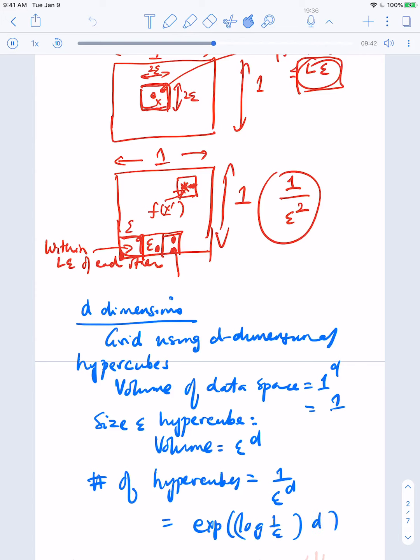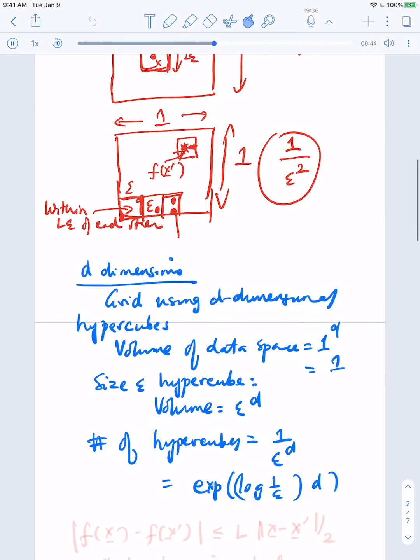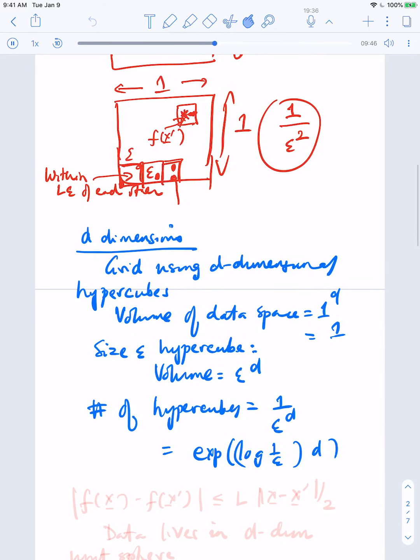So it grows exponentially in d, and I think we have made a reasonable assumption about the function. It is smooth enough that if I have a training point that is close enough to a new point on which I have to do inference, I can get a good estimate of the function. That's a very general and generic assumption on the function.